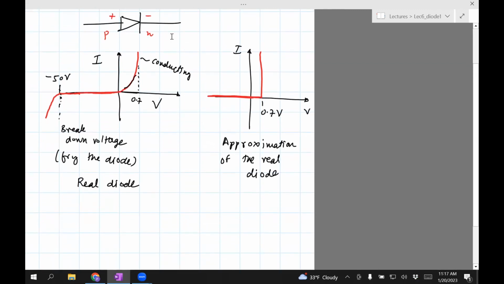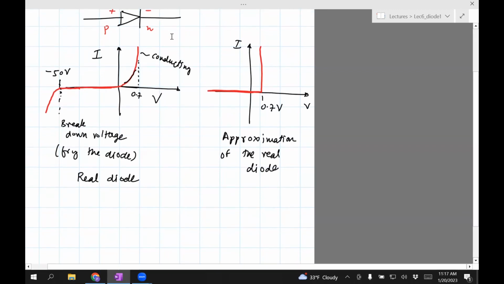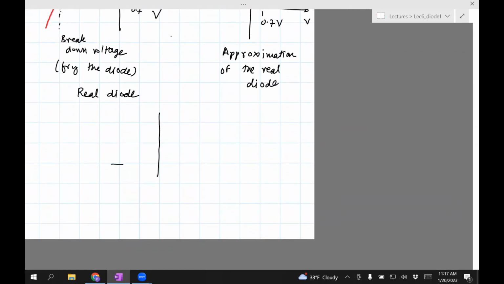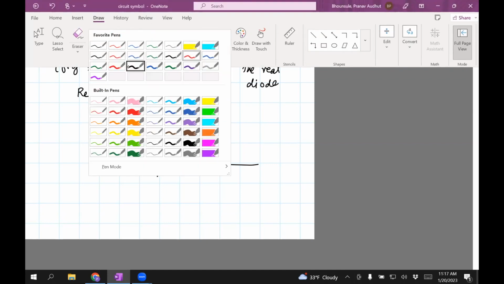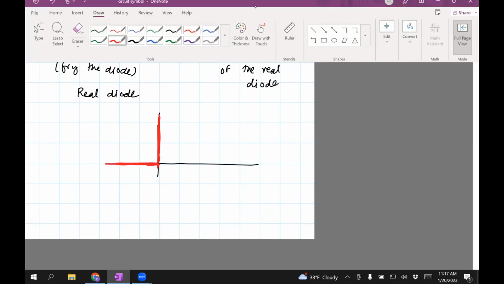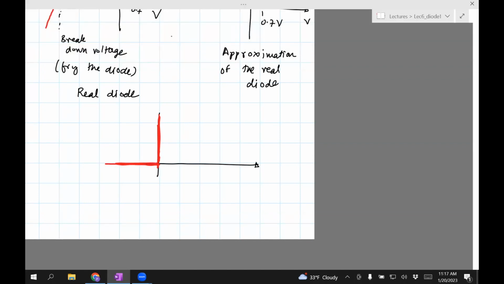Okay, so you can use that, but in this course, for the problems I'm doing, there's another approximation which we use just to make our life easy, known as the ideal diode approximation. We assume that the potential barrier is simply zero. And so we have a line like this, where again, this is the voltage and this is the current.